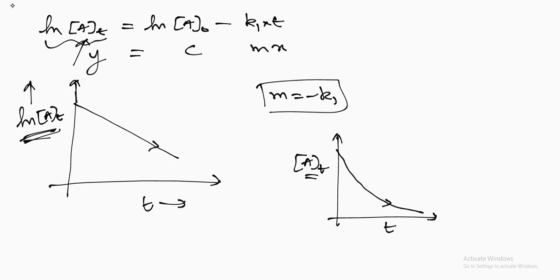And what is the slope? Slope is equal to minus k1. So if you know the slope, you can calculate the k1. k1 equal to negative of slope of this straight line. Is this clear, students? Any doubt? Hello? Students, is this clear? Yes, sir. Yes, ma'am, take note.